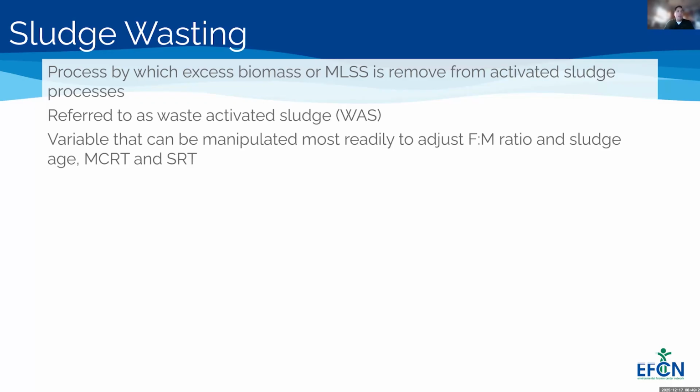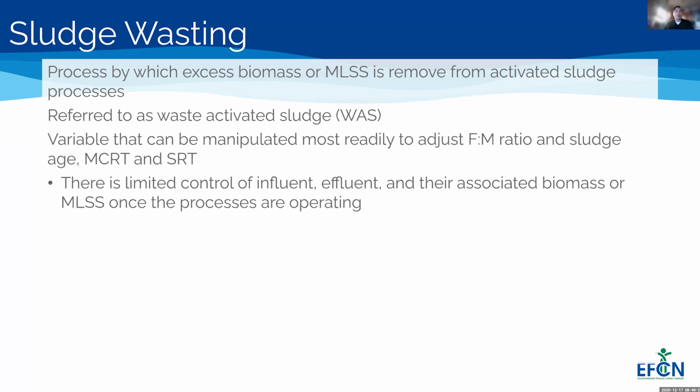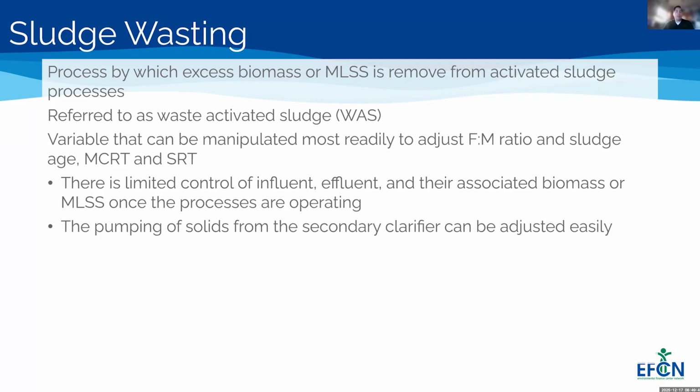That's because there is typically a limit to how much we can control the solids in our influent, the solids in our effluent, and the associated biomass, or even the MLSS once the processes are ongoing. But if we remove them at the end by pumping them from the secondary clarifier, then we can adjust our solids, what we would call our inventory in the activated sludge process.